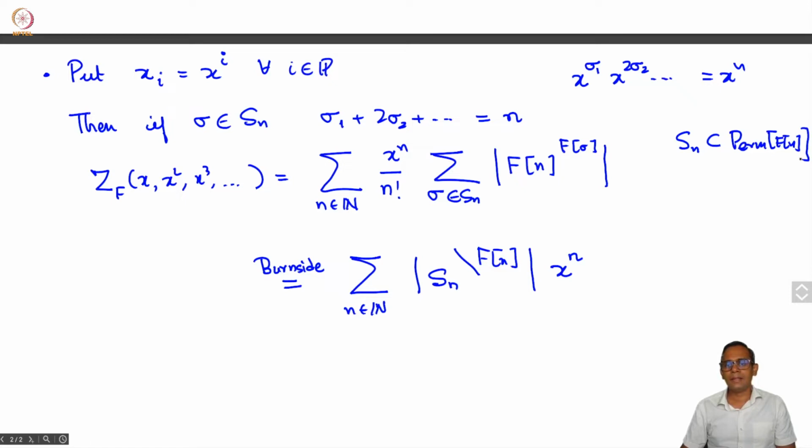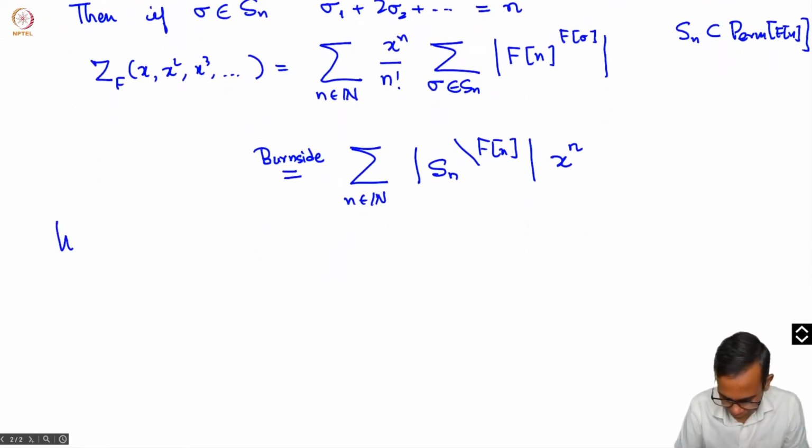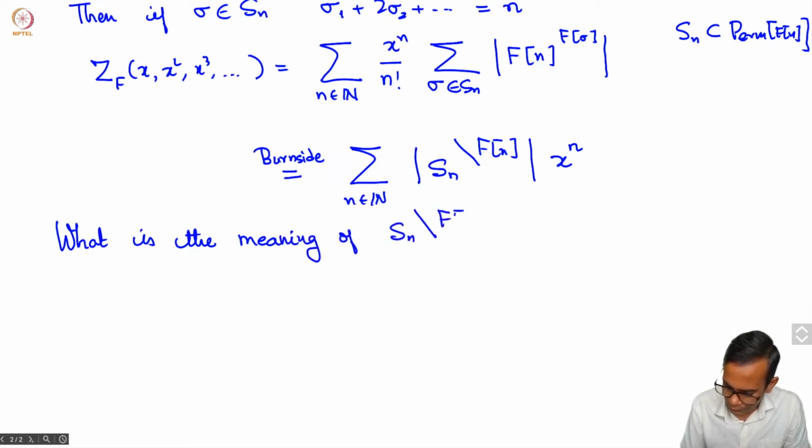So let's step back a bit and understand what is the meaning of Sn orbits on Fn. Maybe it's better to work with an example.